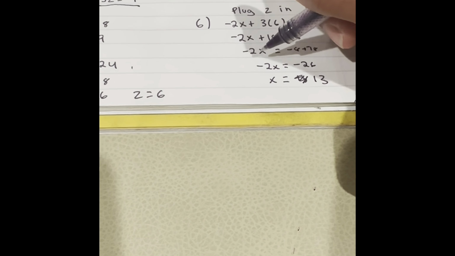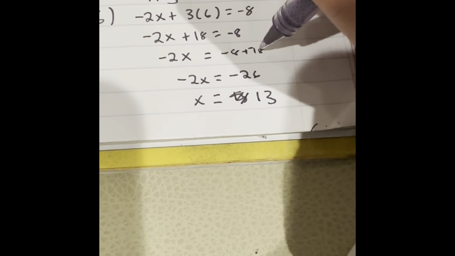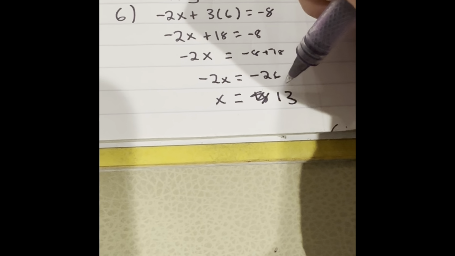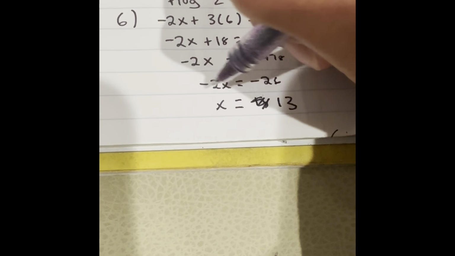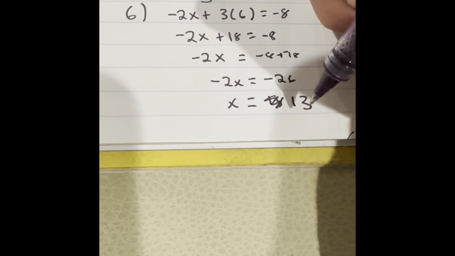Then that gave me -2x equals -8 minus 18. I'm sorry, I'm having trouble reading my handwriting. But then it gives me -2x equals -26, and x equals 13, because these are both negative, and if you divide -26 by -2, it gives you +13.